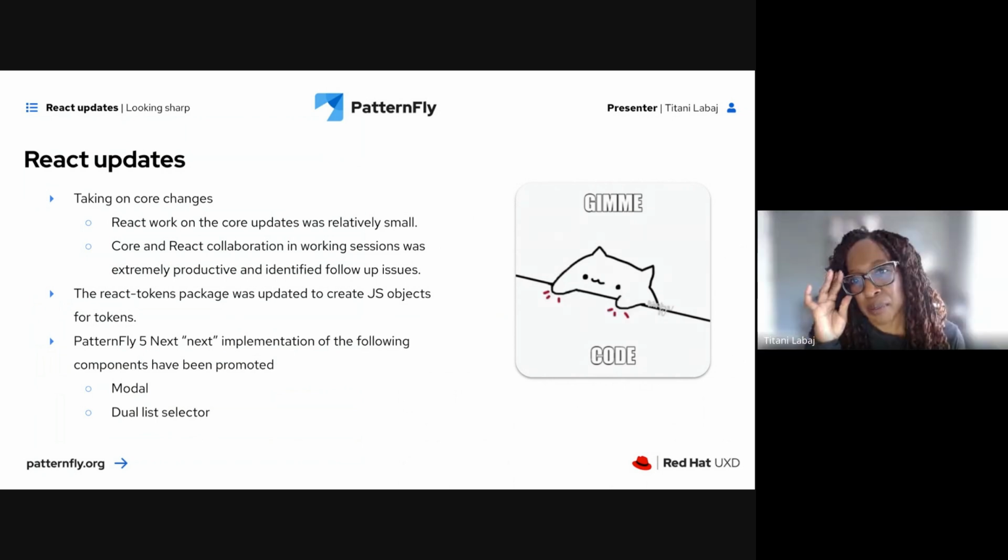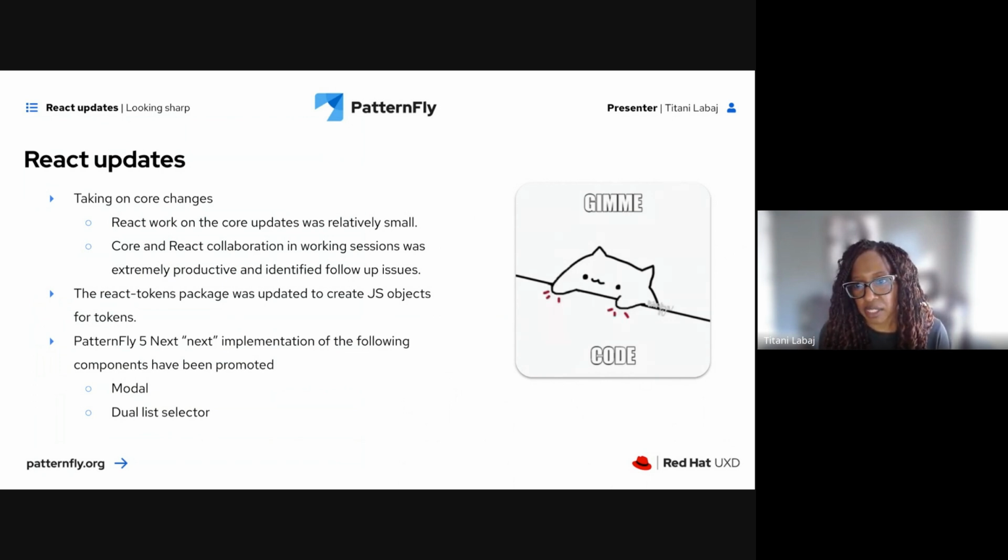Good morning. So for the React updates for V6, the majority of the work was taking in the updates from core, because the majority of the work fell into the core workspace.